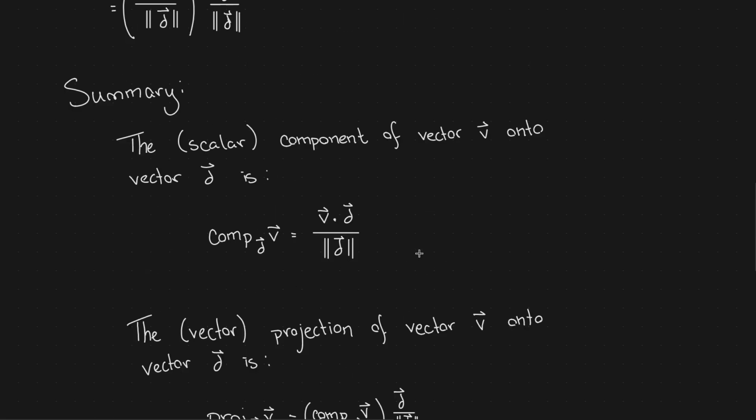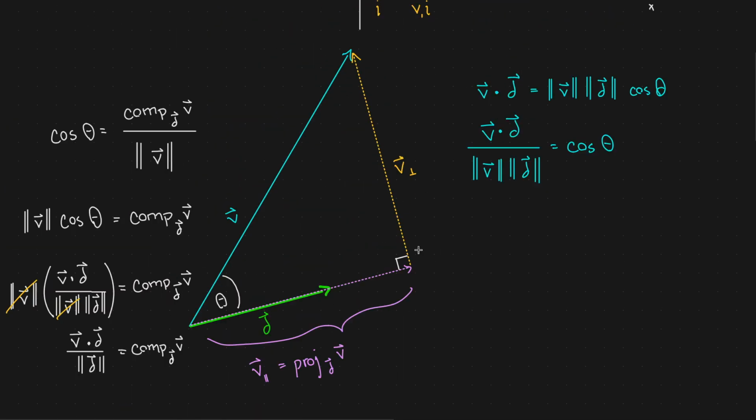I want to do one more quick formula for you. Sometimes it's also useful to find that v perp. Okay, if you want to do that, you first find the projection and then just subtract. If you know what the projection vector is, then for your v perp, you want it to end at v, and you want it to start at the projection of v onto d. And so if you subtract those, end minus start, you get v perp.